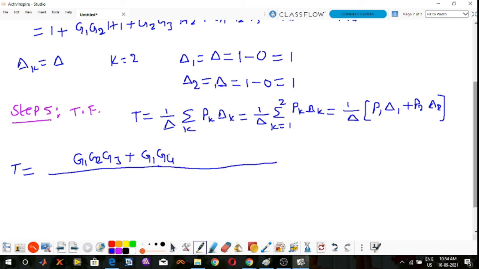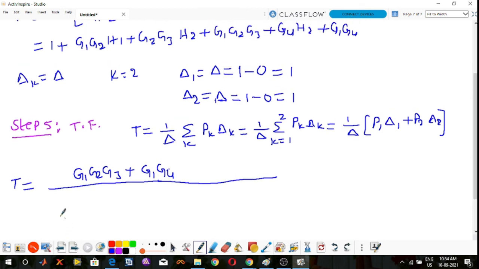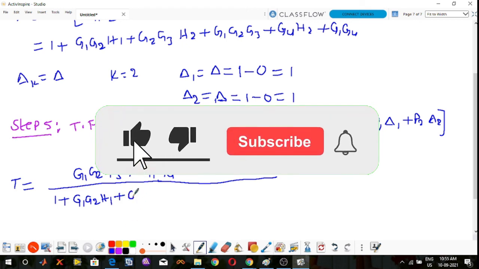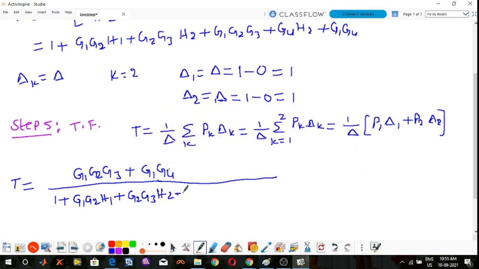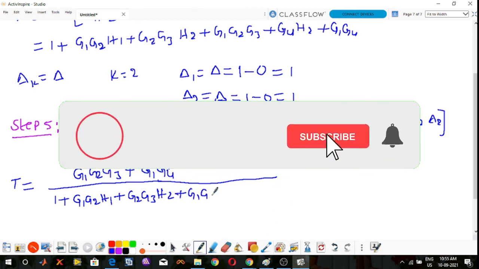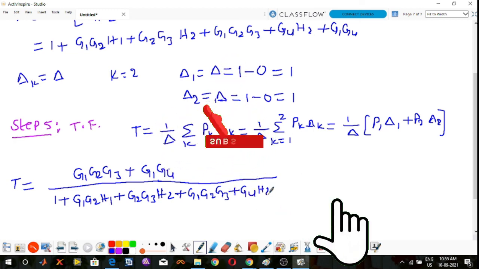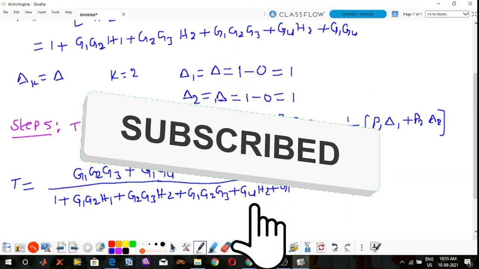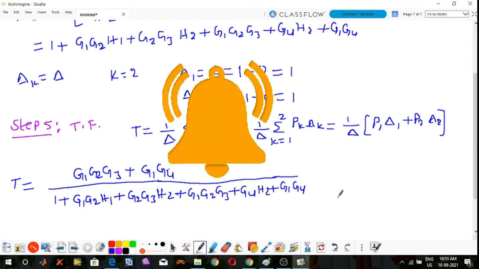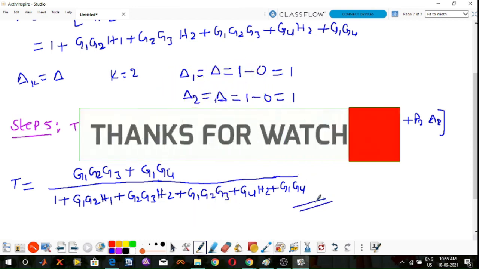This is the delta: 1 plus G1 G2 H1 plus G2 G3 H2 plus G1 G2 G3 plus G4 H2 plus G1 G4. So this is the transfer function of the given block diagram.